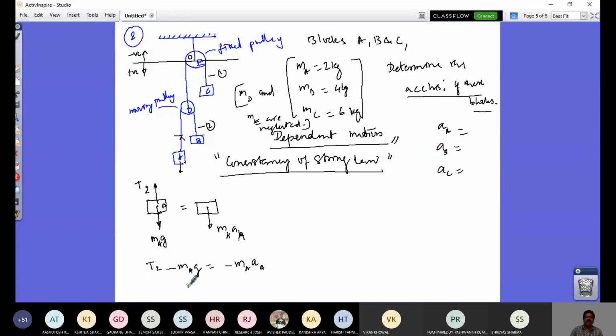Now I do not know T2, so I can rewrite this equation for acceleration, which is what I am interested in. Can you repeat the sign convention once again?